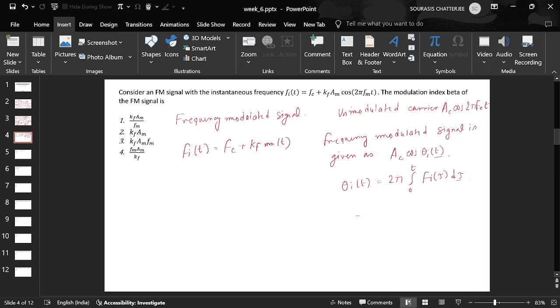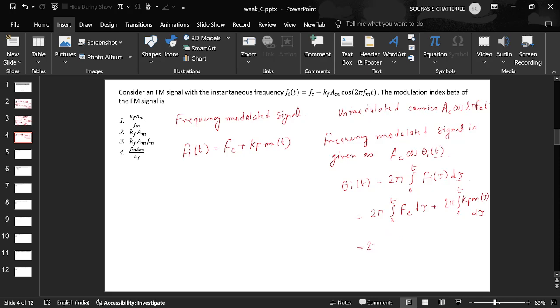So if I put these expressions here, what we will get: 2 pi integral 0 to t, first we have this constant term fc d tau, and then we have 2 pi integral 0 to t of kf m(tau) d tau, right?